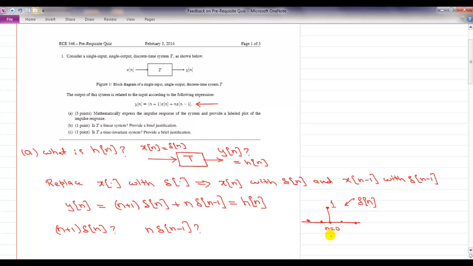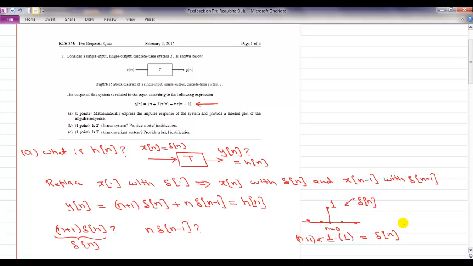So n plus 1 at n equal to 0 will be 1. So I'm going to multiply 1 with 1. This 1 is due to the n plus 1 factor, and I get back simply delta of n. Okay. So (n plus 1) delta of n is nothing but delta of n.